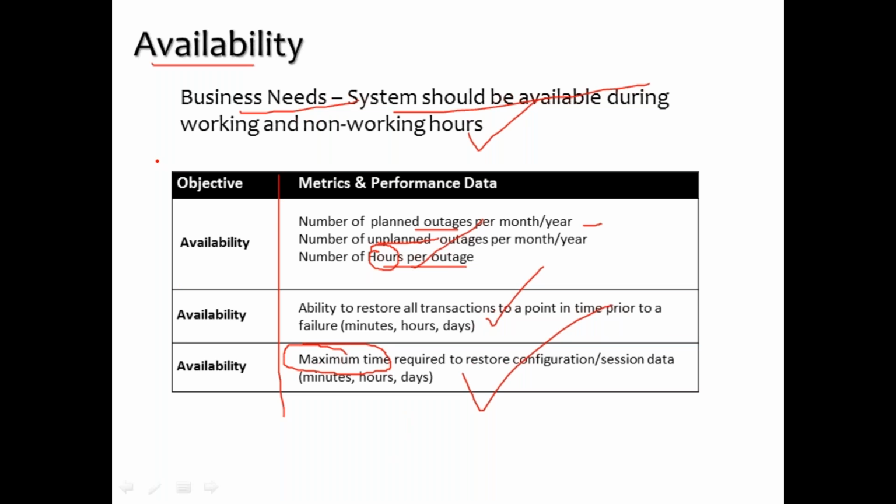So that defines the availability as a requirement. The system should be available 24 by 7, 365 days. There are two planned outages, and there should not be more than three unplanned outages. And the maximum time the system should take to restore all the session or configuration data should be 5 minutes, sorry, 5 hours.